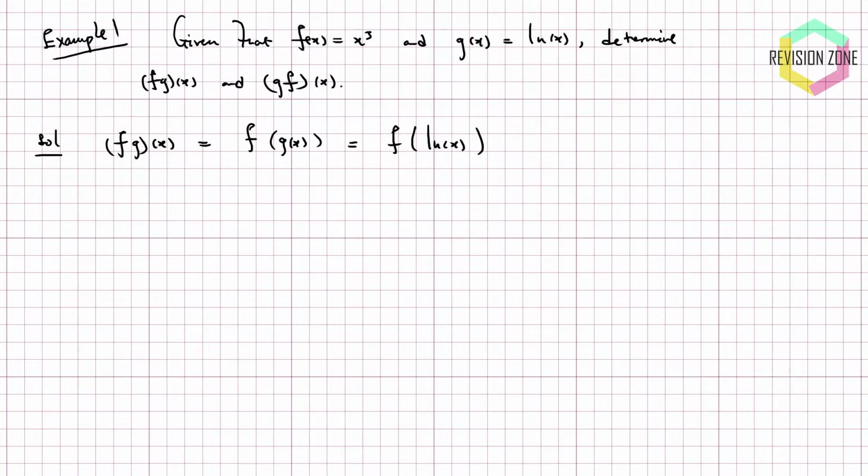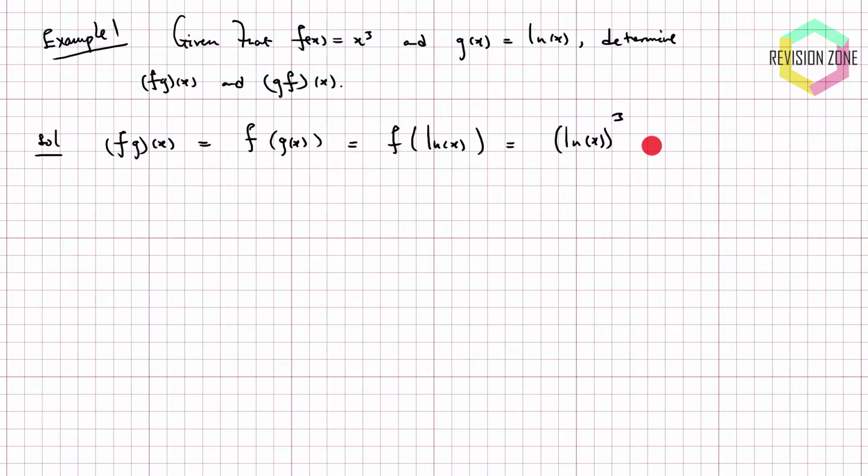So we now want to evaluate f of the natural log of x. But we know what the function f does. f takes in something and it just cubes it, okay? So now it's taking in log x and we're just going to cube that. So I'm going to have my natural log function, and in the end, I'm going to cube everything. So this thing here is now my final answer. This is my composite function.